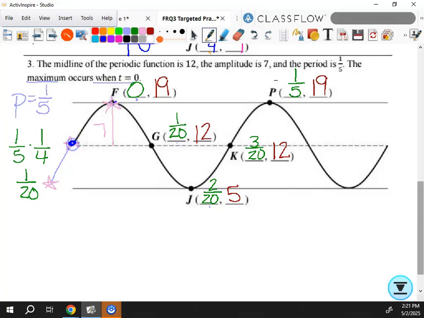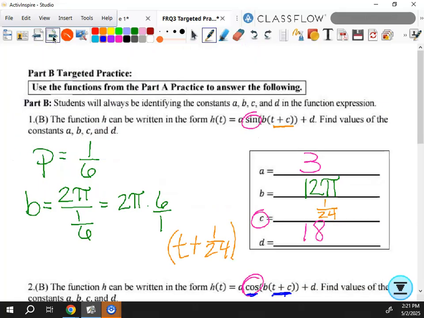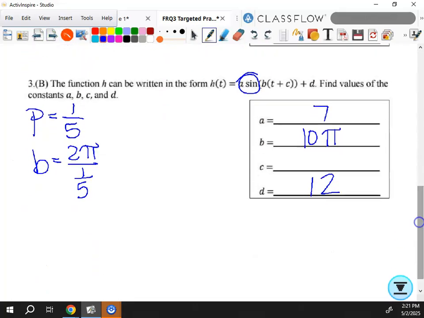I'm going to start here for sine, and that is at 0. Well, I need to figure out this point. If I can go forward 1/20, I can go backward negative 1/20, right? So instead of sine starting at 0, we move to the left 1/20. So we know that would be t plus 1/20, right? And when I look at this, that's plus. That means that's going to be a positive 1/20.